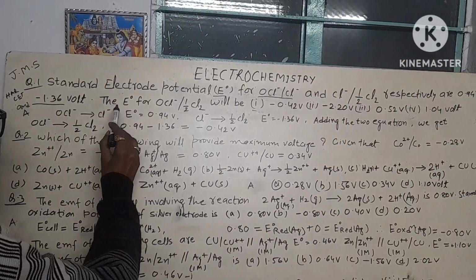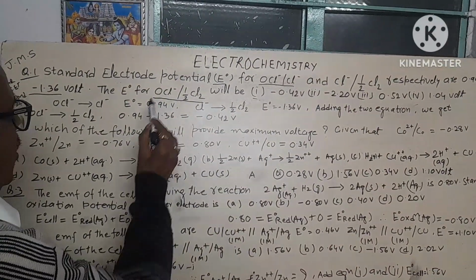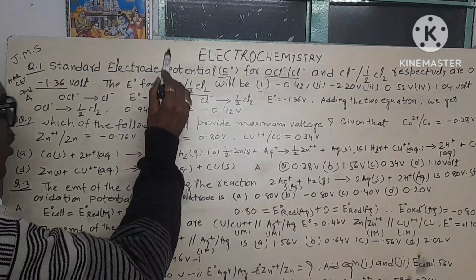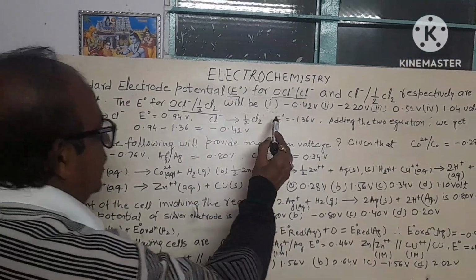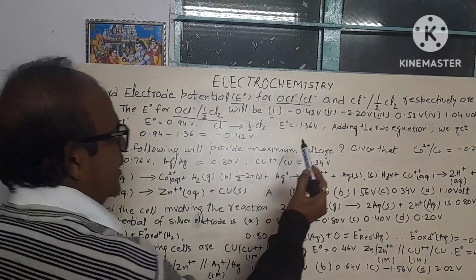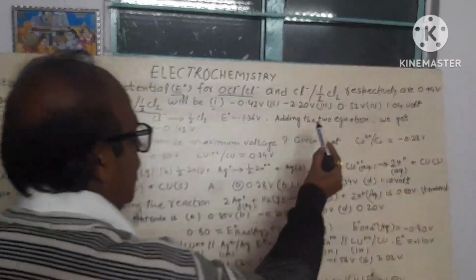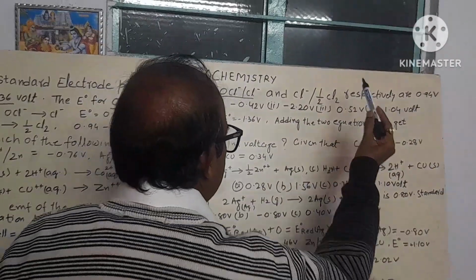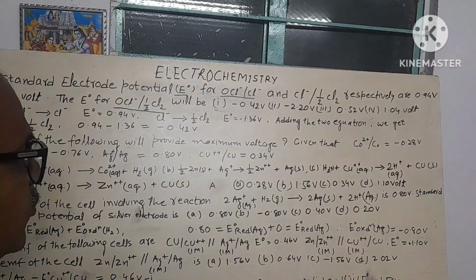The standard electrode potential for OCl minus oblique half Cl2 will be: first option minus 0.42, second option minus 2.20 volt, third option 0.52 volt, fourth option 1.04 volt.